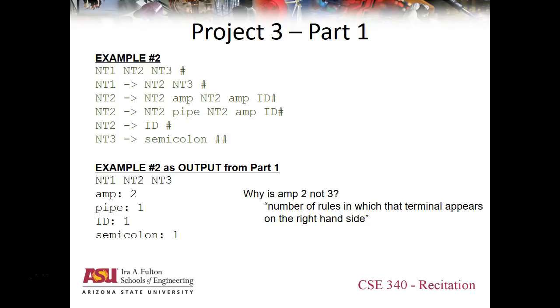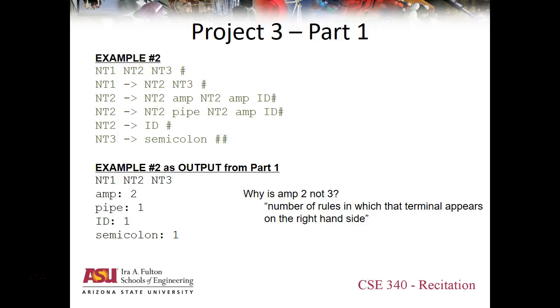AMP 2, but like I said before, that is not counting this one. That is actually counting this one down here. So that's 2, and then pipe, all the other ones are pretty self-explanatory, right? So the number of rules that AMP shows up in. This is not the number of times that AMP shows up, it's the number of rules that it shows up in.